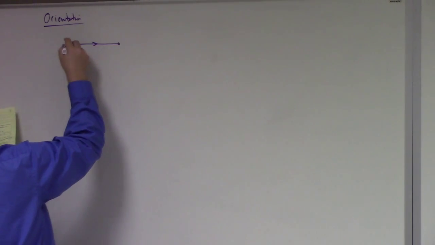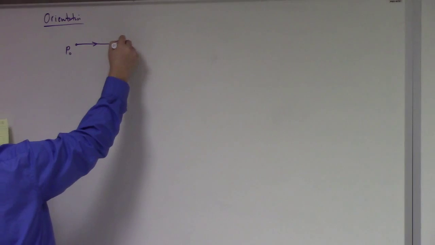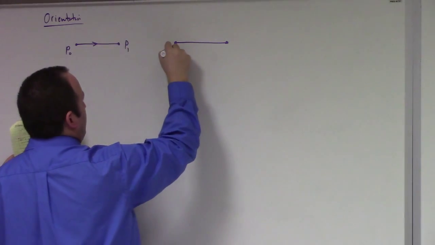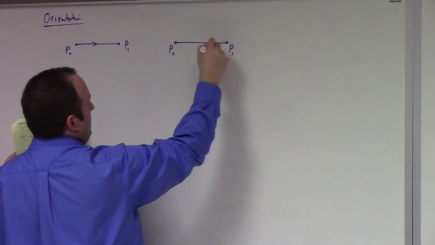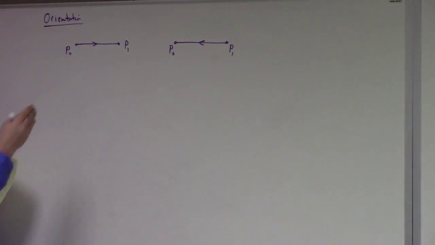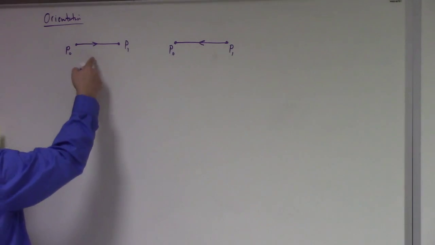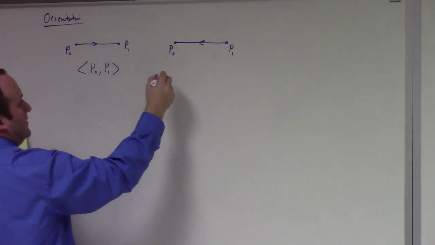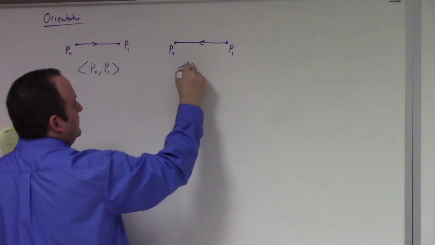We can take 2 points, P0 and P1, and I'm just drawing them twice. And you can either go left to right, or you can go right to left. This is the notion of orientation. It's the set of points plus a direction. So our notation is that this is P0, P1, whereas this is P1, P0.